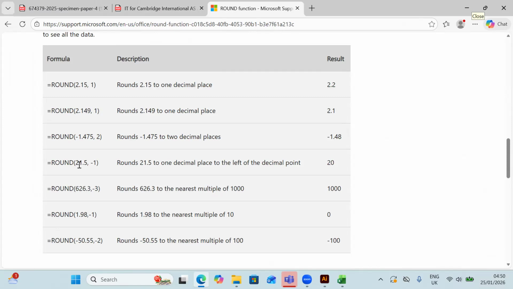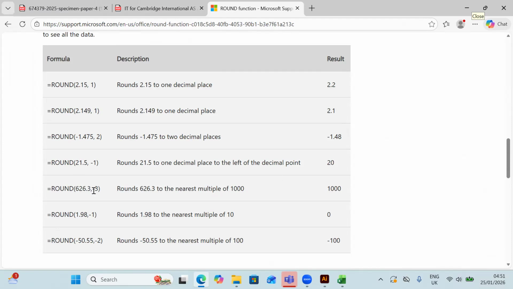Okay, so 21.5 to the nearest 10. So we are looking at the units, right? Because this is the 10. 1 is below 5, so it will not change 2, so it becomes 20. So we have 0 there, 2, 0.